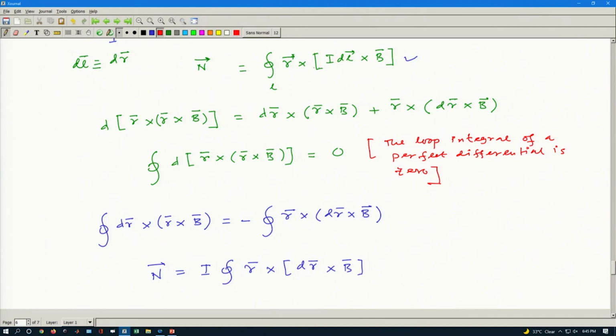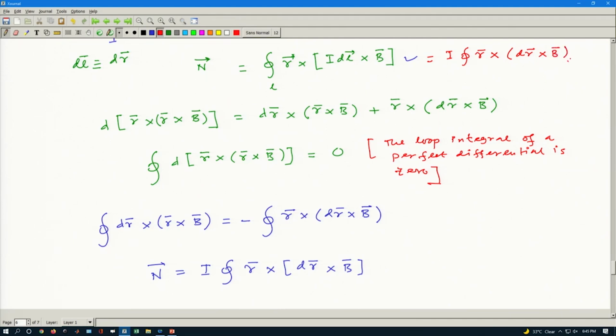So, eventually I have I, and then I have the closed line integral of r cross dl. I replace dr for my convenience because these are the same thing, cross B.